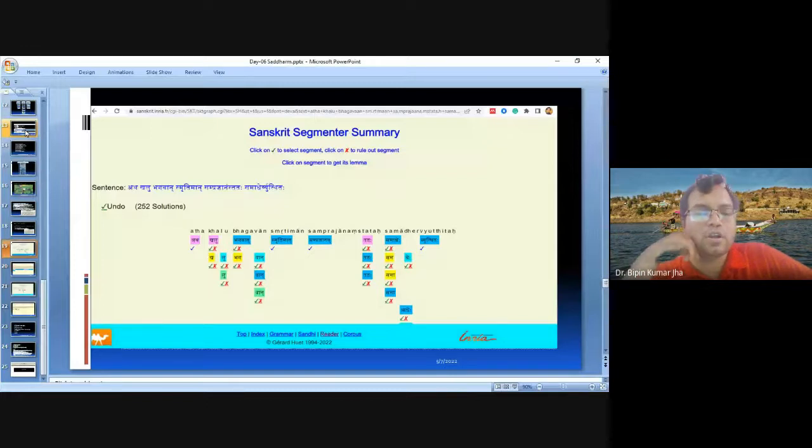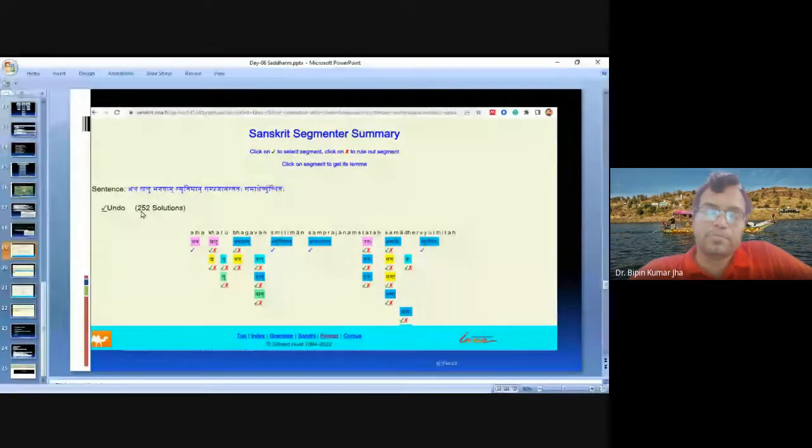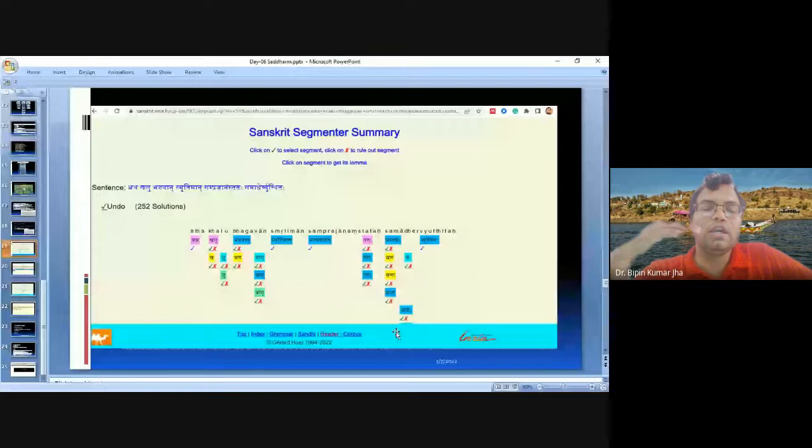Atha khalu means after that. Khalu means certainly. Atha khalu bhagavan. Bhagavan means Lord Buddha. Smritiman, who has great memory, because you will see here that he has memory of different births also. So Smritiman, Samprajanan, he knows each and everything clearly.